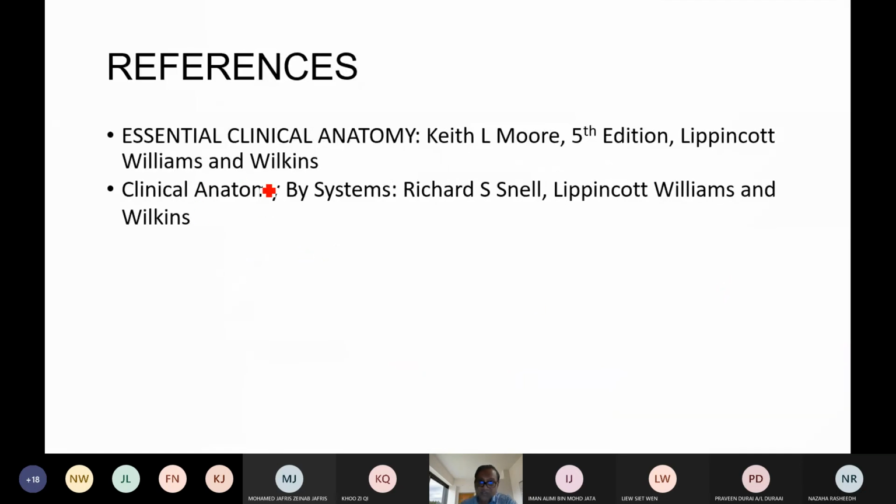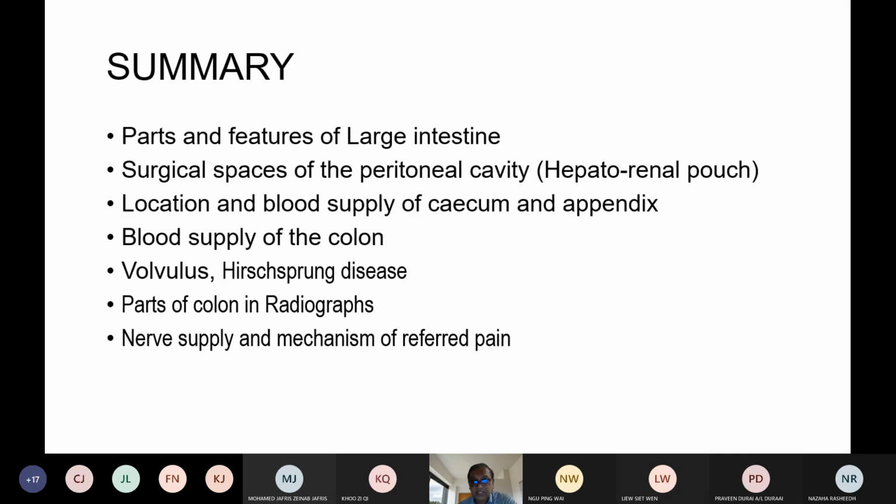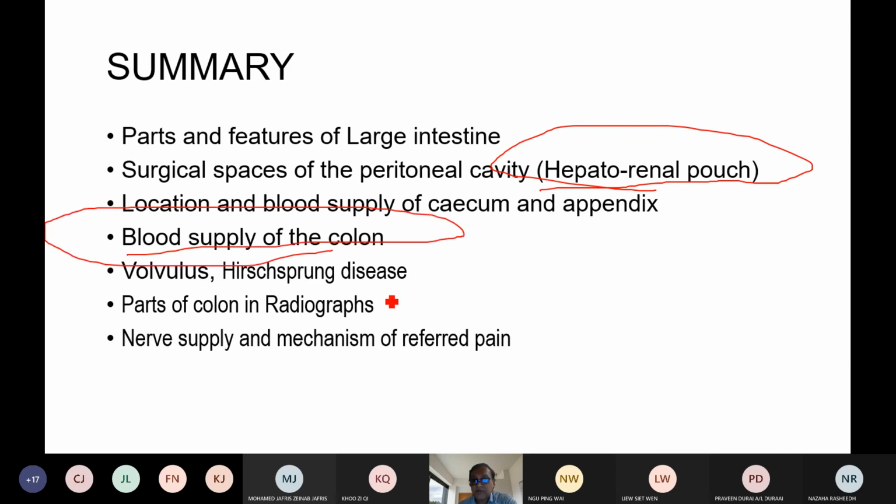You should also go through Essential Clinical Anatomy by Keith Moore, and particularly focus on the hepatorenal pouch of Morrison. If there is a clinical question about collection of fluid, the blood supply is very important, particularly the superior mesenteric artery, all its branches, and the clinical part of the superior mesenteric for MCQ questions.